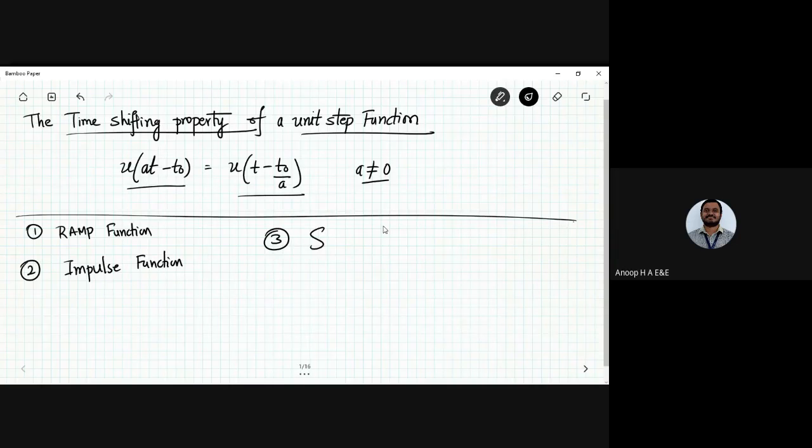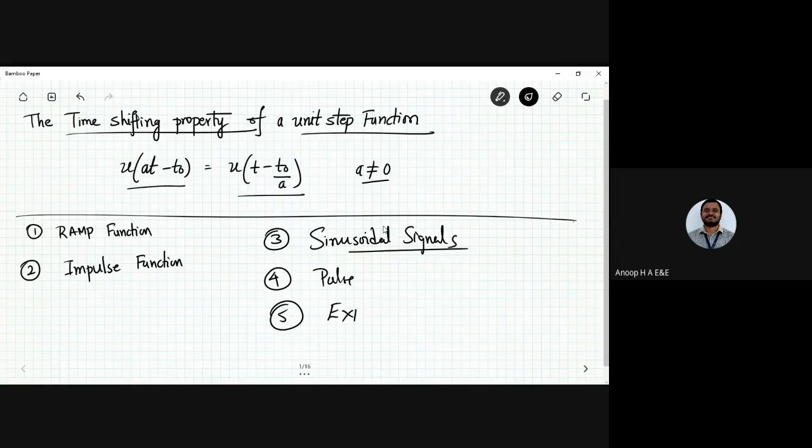Next, the sinusoidal functions if time permits, or else I'll be sending you the study material on sinusoidal signals and pulse signals, along with the exponential signals. These are certainly the types of signals which are rarely used.